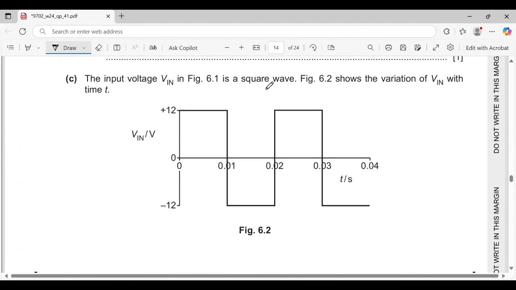The input voltage V in figure 6.1 is a square wave. Figure 6.2 shows the variations of V in with time t. Look at this diagram: the maximum voltage in is 12 and the minimum is minus 12.